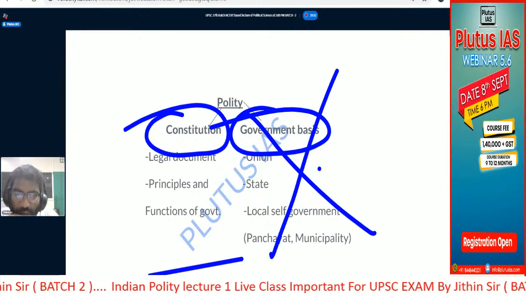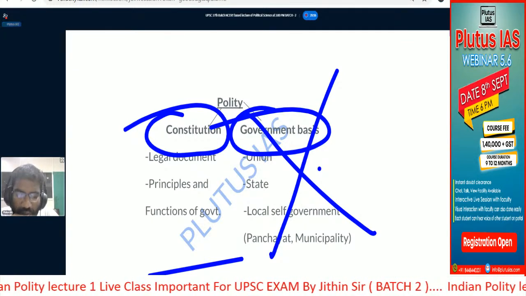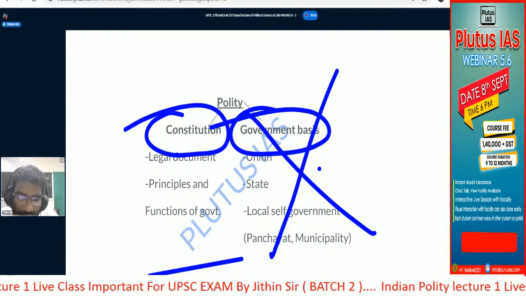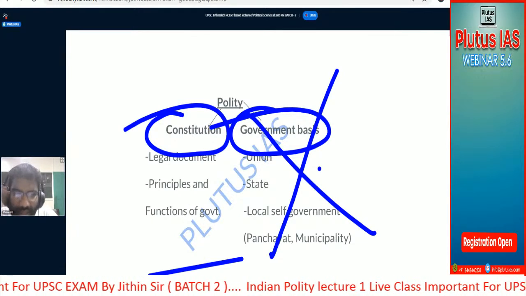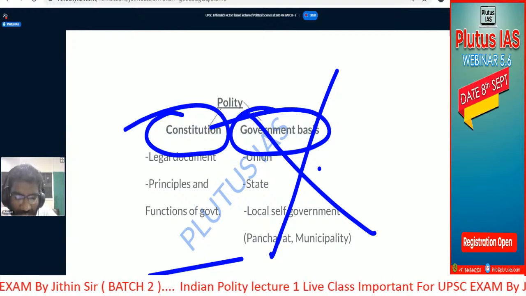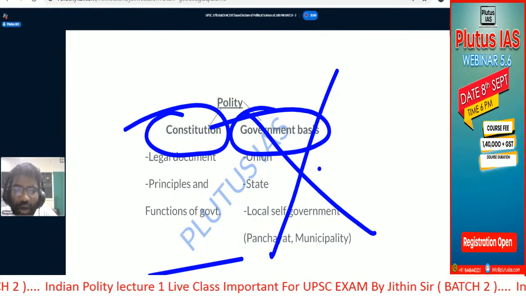Constitution is a legal document. It consists of principles and functions of the organs of a government of a state.